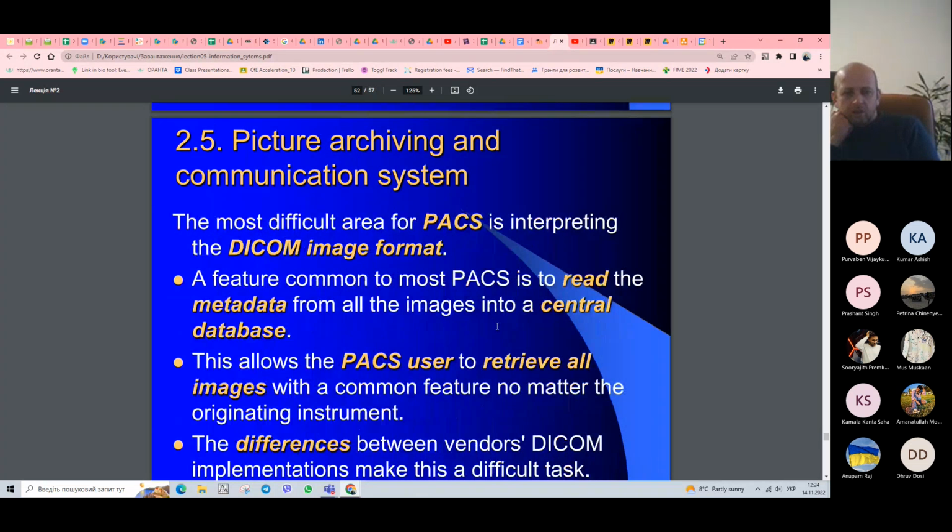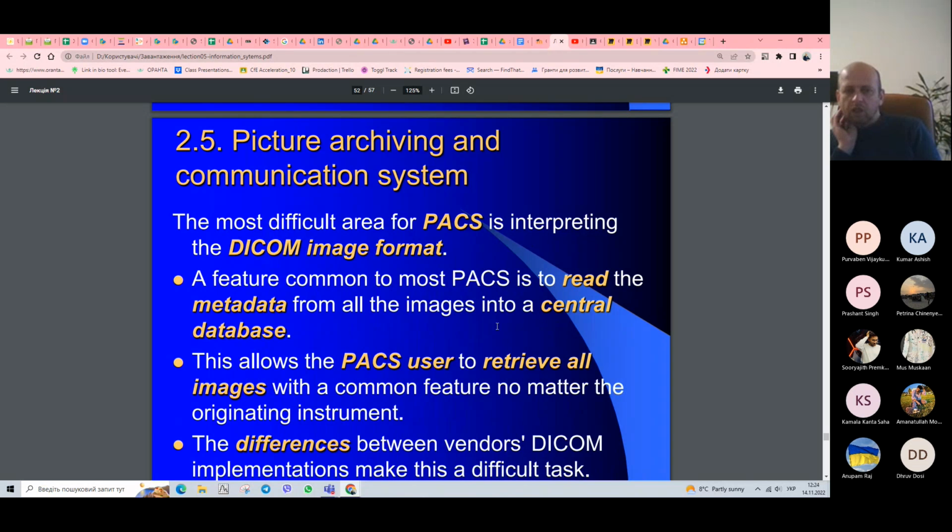Picture archiving and communication system. The most difficult area of a picture archiving and communication system is interpretation of the DICOM image formats. A feature common to most PACS is to read the metadata from all images into a central database.